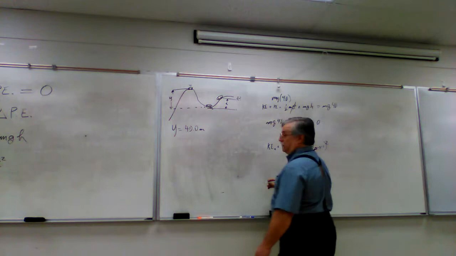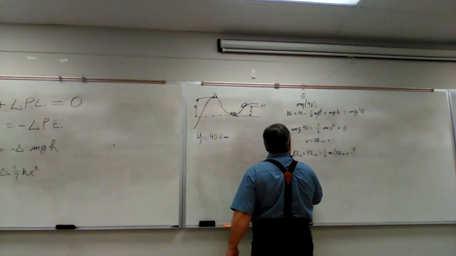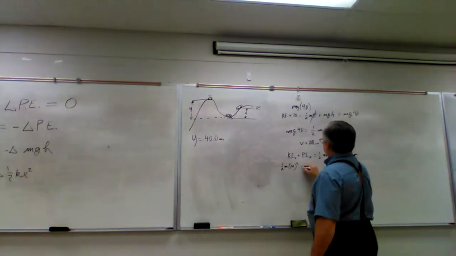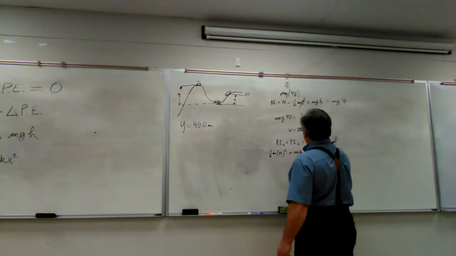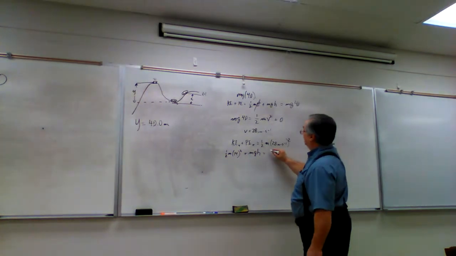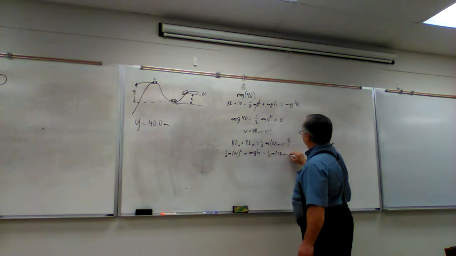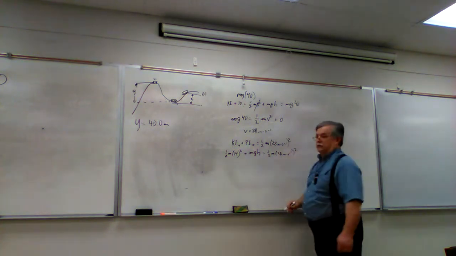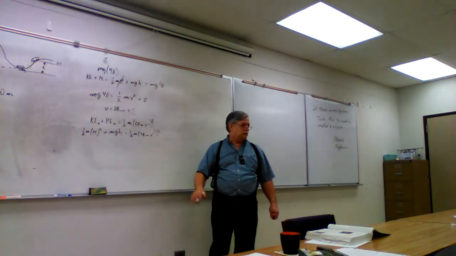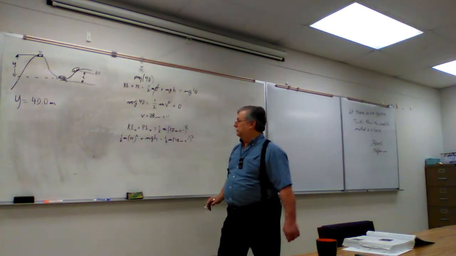So at h, we know that the velocity is going to be 1 half m times 14 meters per second squared plus m times g times h. And all of that will have to be equal to 1 half m times 28 meters per second squared. Everybody with me so far? The total energy has to stay the same at every point.